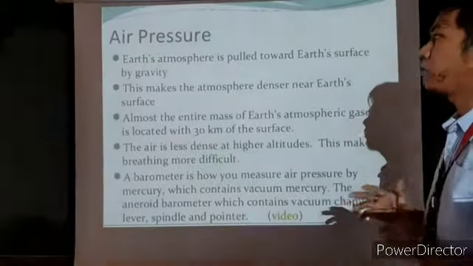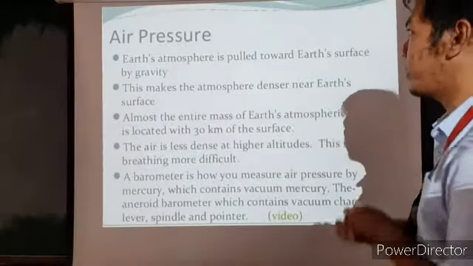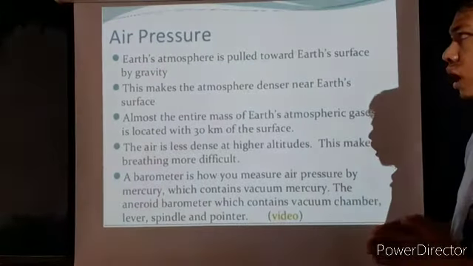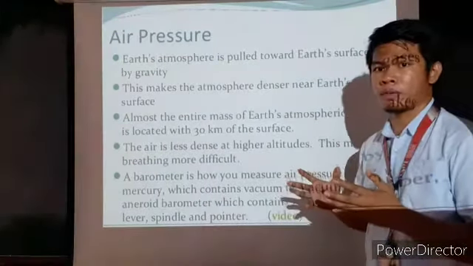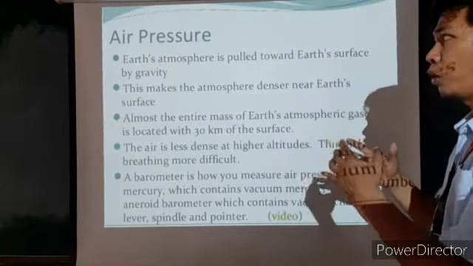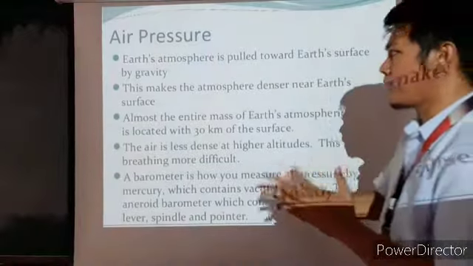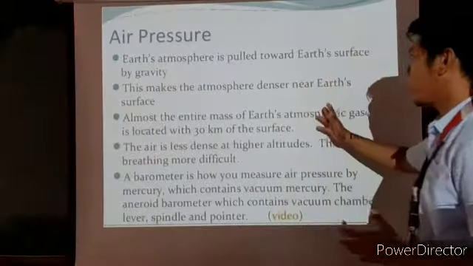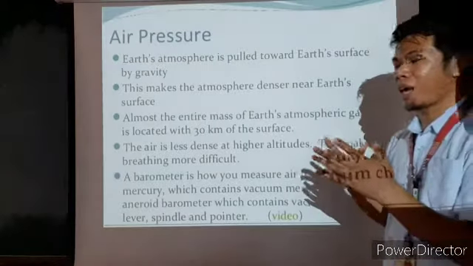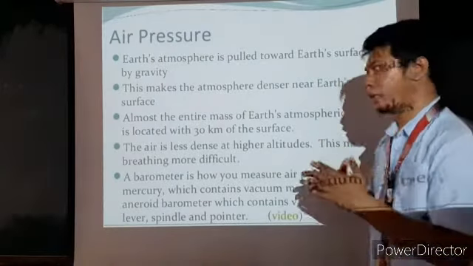So let's have air pressure. So Earth's atmosphere is pulled towards Earth's surface by gravity. So Earth's gravity is the reason why Earth's atmosphere is intact lang siya. So this makes the atmosphere denser near Earth's surface. So that's why mas intact ang mga molecules near sa Earth's surface.